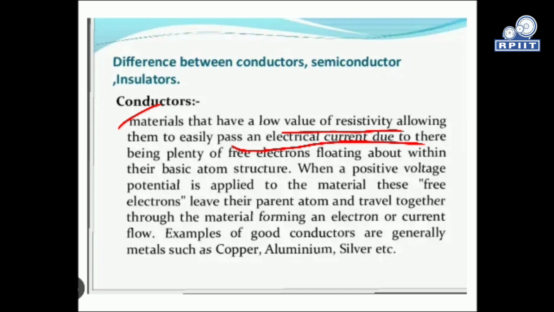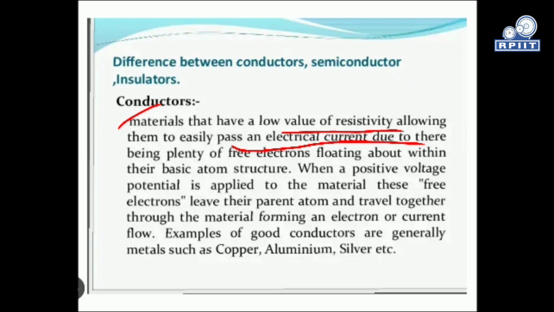In conductors, the resistivity of the material is very low, or approximately negligible. For a good conductor, the electric current will flow freely from one point to another, just because of free electrons floating about within the basic atom structure.